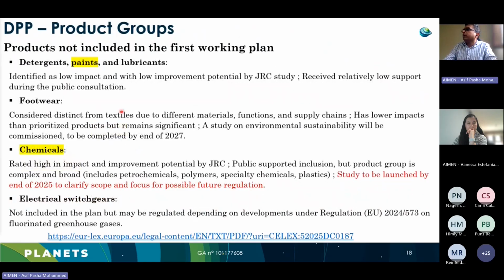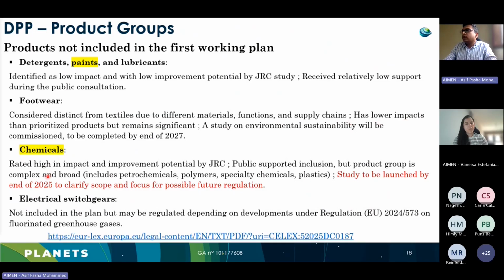Why are they not included? Detergents, paints, and lubricants, because they think that they have low impact and low improvement potential by the JRC study. They received relatively low support in the public consultation. Footwear is now considered distinct from textiles due to different materials, functions, and supply chains, and also has lower impact.